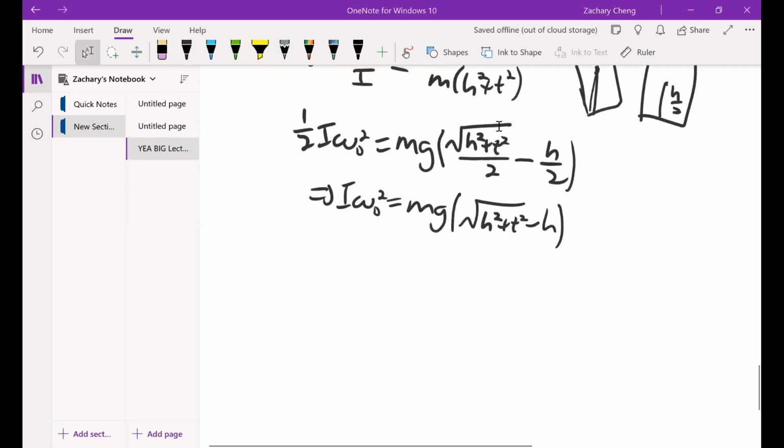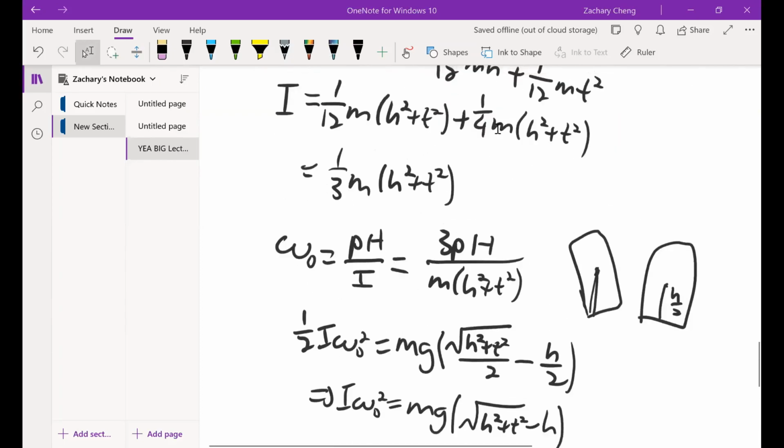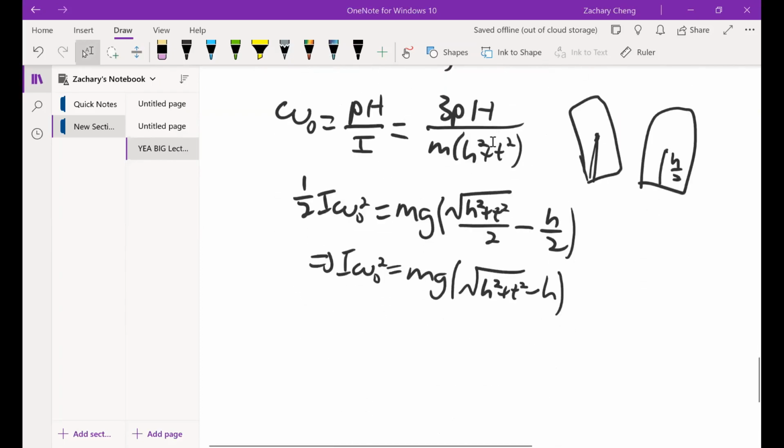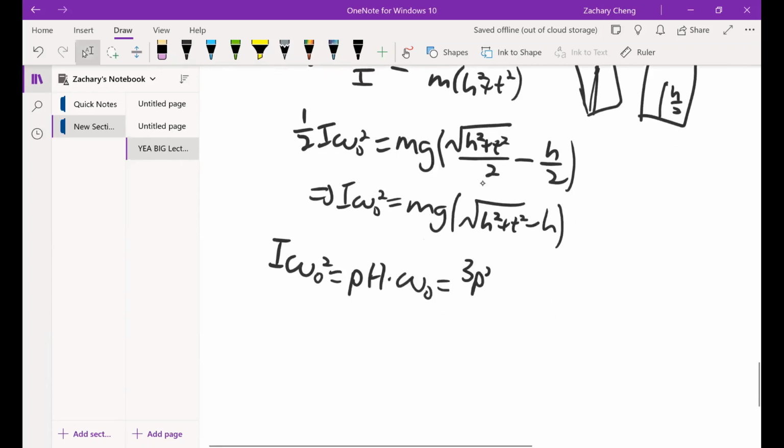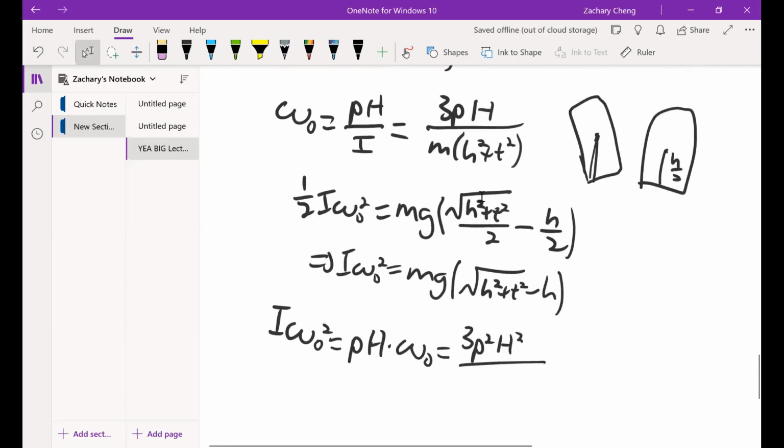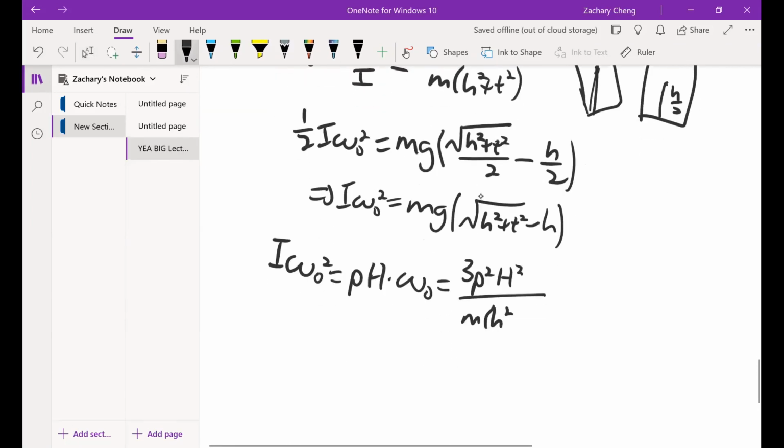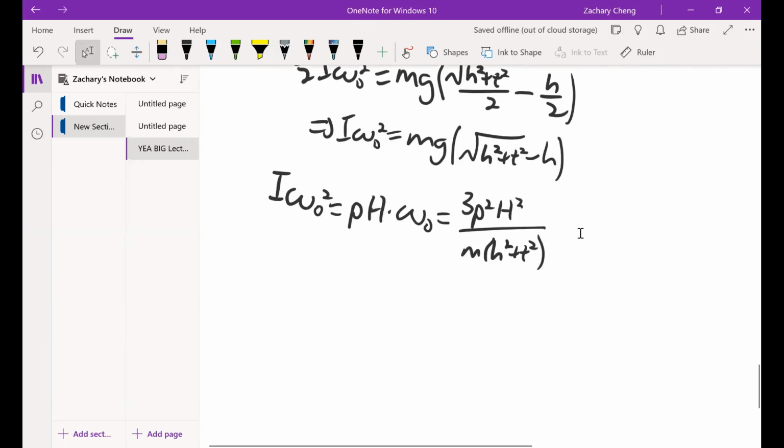So now we can plug in our value for omega 0. I omega 0 squared is just equal to pH times omega 0, which is of course 3p squared h squared over m(h squared plus t squared). Okay, so now this has to be equal to mg times square root of h squared plus t squared minus h.